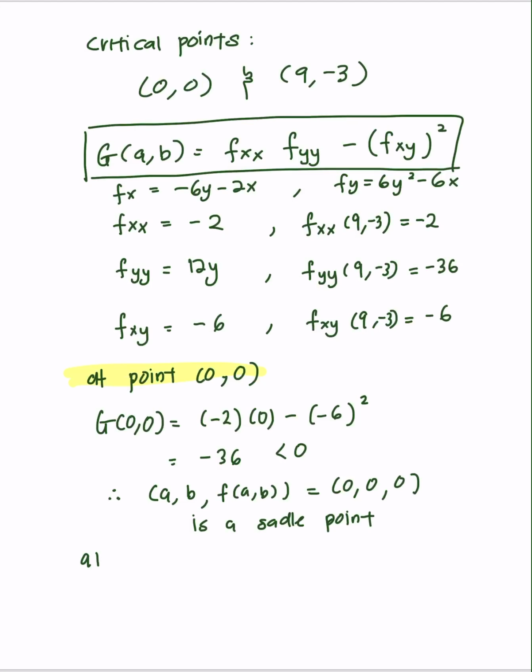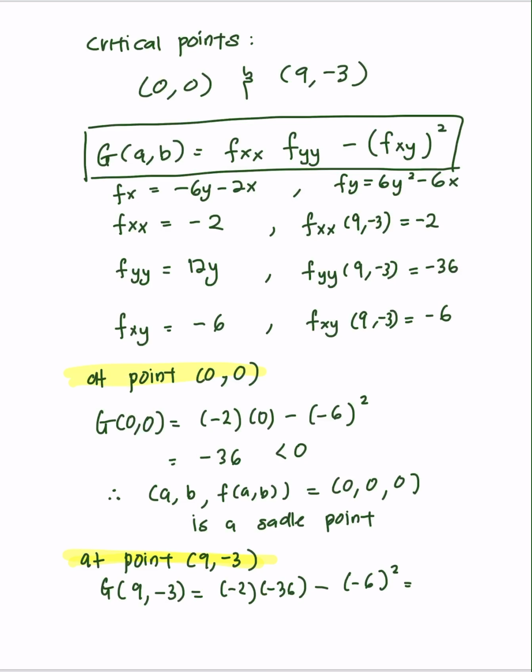So at point (9, -3), our G(9, -3) is equal to fxx minus 2, fyy minus 36, minus fxy minus 6 squared.